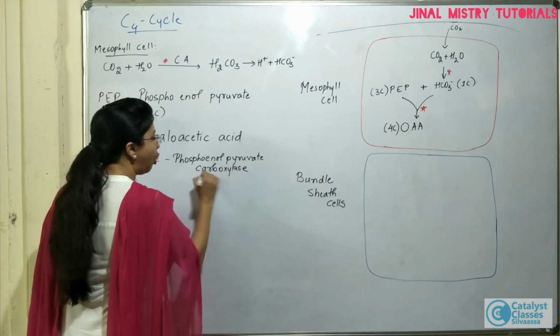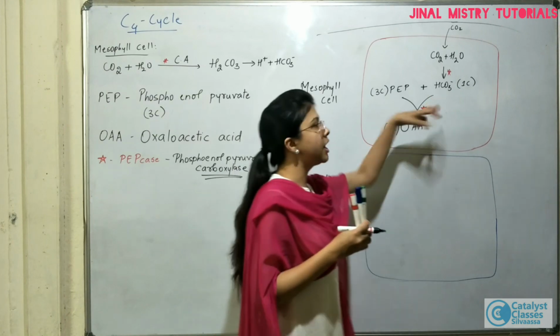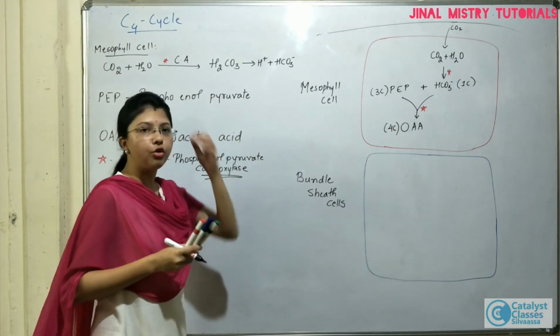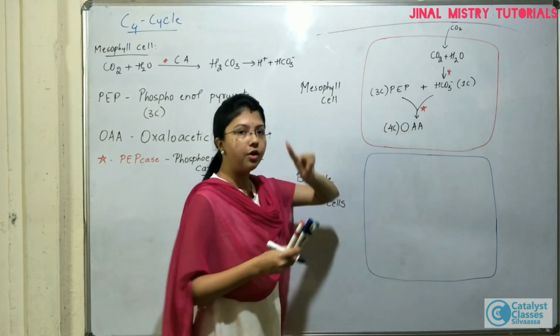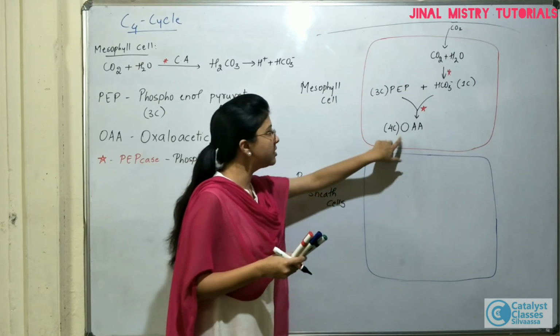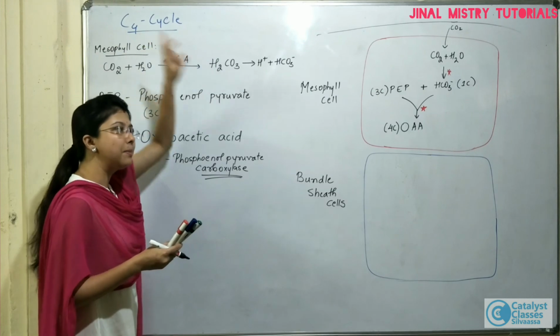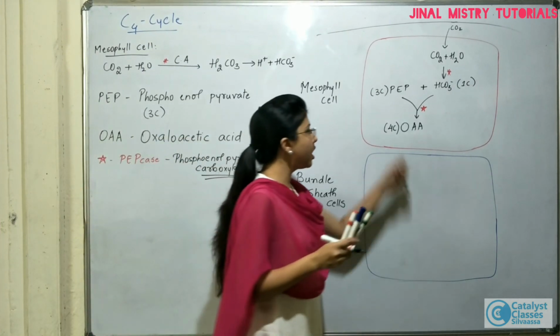That means it is always going to bind with carbon dioxide only. Rubisco is nowhere present in the mesophyll cells. This oxaloacetic acid is the first product of the C4 cycle, and as a result, this cycle is also called the C4 cycle, and the plants are called the C4 plants because the first product formed is that of a 4-carbon compound.